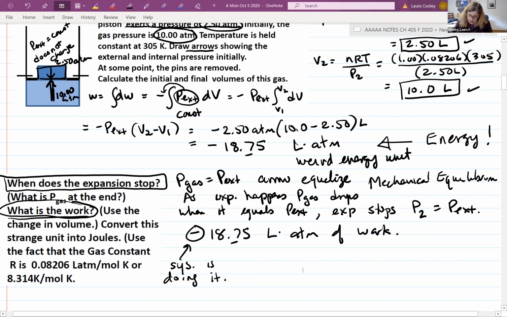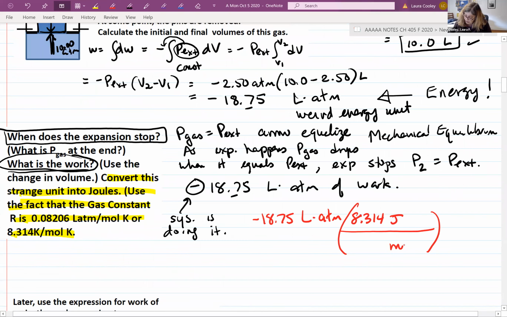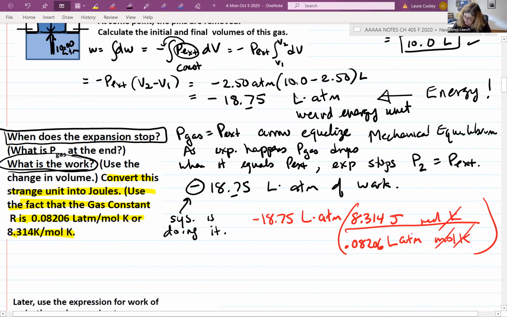So now you can convert this strange unit into joules by using the fact that the gas constant has these different units. So you could say negative 18.75 liter atmospheres, but I know that 8.314 joules per mole Kelvin equals 0.08206 liter atmospheres per mole Kelvin, and moles Kelvins cancel out.